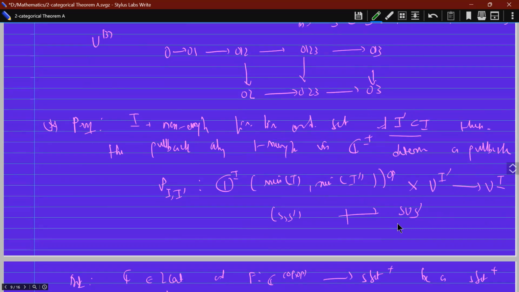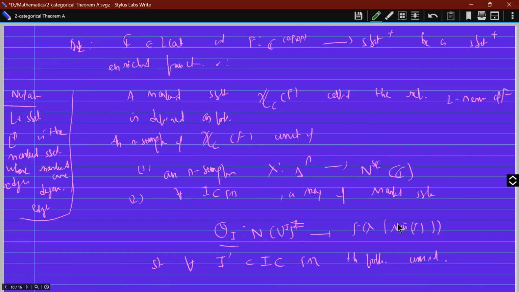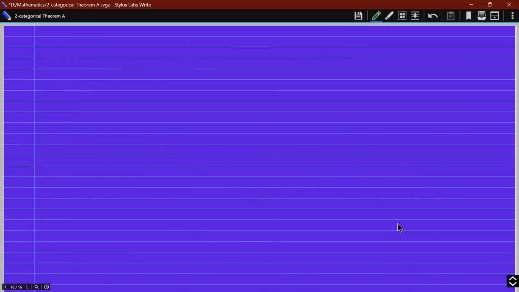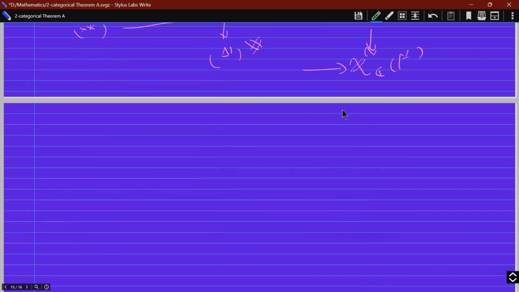Using that, we can produce a lift of the previous functor that we saw to get a diagram. So this is the diagram that we will get.